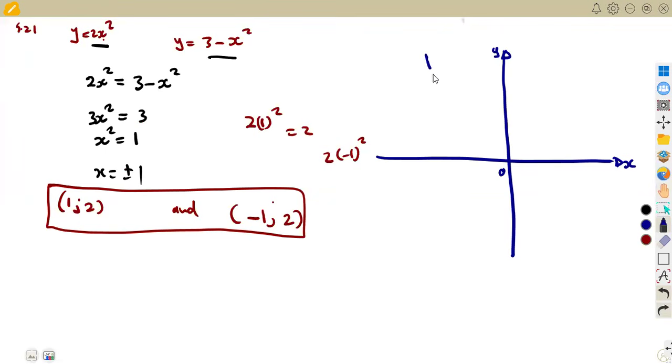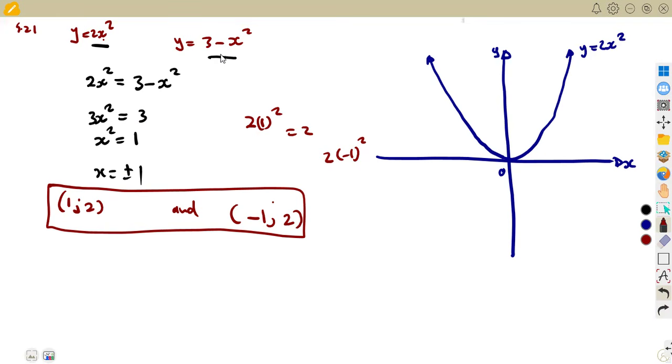It takes the same shape as the graph of y is equal to x squared. It passes at 0, then it goes up. Remember, this is a graph that is symmetrical to the y-axis. So that's y is equal to 2x squared, at point 0 in this case.